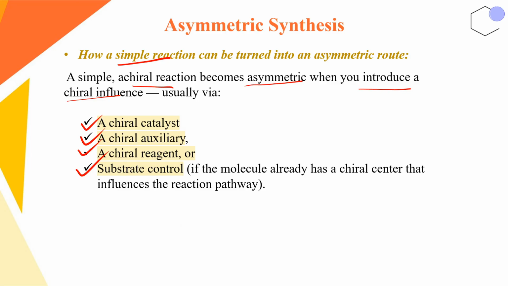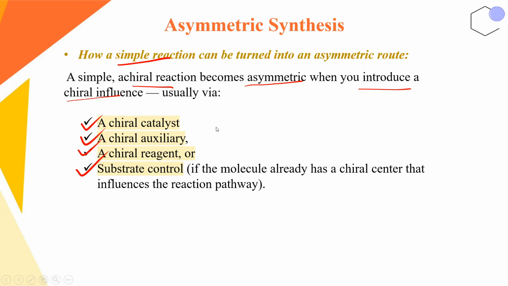In our body, the reaction vessels are protein pockets, and those protein pockets have a certain chirality, a certain orientation, which hinders the substrate from coming from one side. They restrict the path of the substrate coming into the protein pocket from one side, which leads to the formation of one stereoisomer as the major product. That means the asymmetric route.